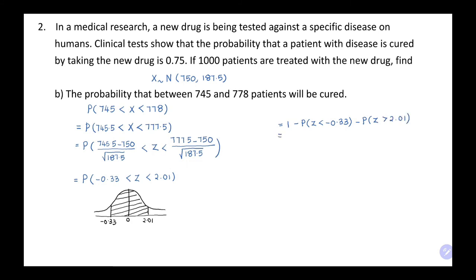P(Z less than negative 0.33) we can change to P(Z greater than 0.33). Then we check the table for 0.33 and 2.01.